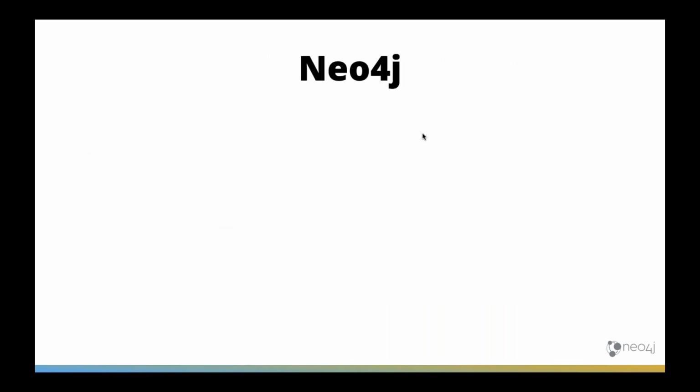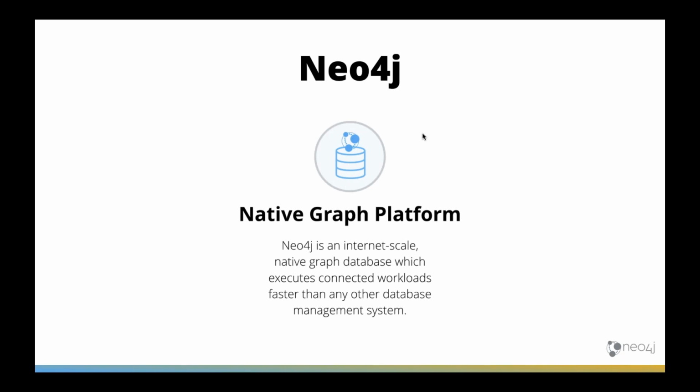With this native graph platform, it's really the ability to help people find that information, but also do it at the scale they need to, and connect workloads faster than any other database, because a lot of the world does work in real time now.